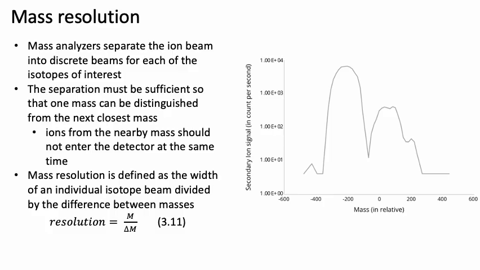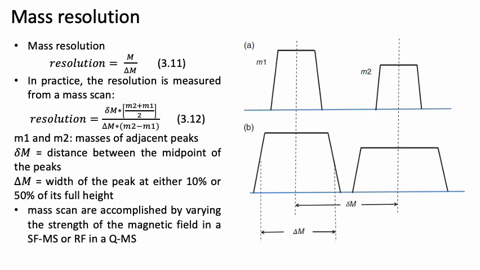The mass resolution is defined as the width of an individual isotope beam divided by the difference between the masses. So our resolution is equal to m divided by the difference between two masses. And you'll calculate that in the homework assignment for problem 4.